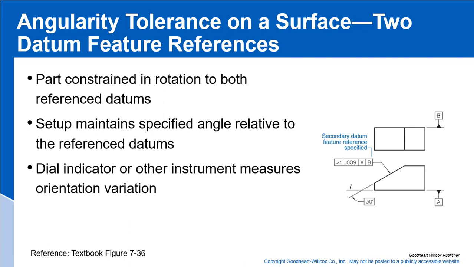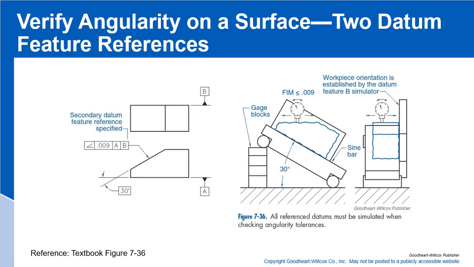Again, it's very similar to what we'd done before. We set the block up at 30 degrees with the sine plate and some gauge blocks, but we also have a second simulator here for datum feature B that we clamp up against the part. So we're further restraining our part to make this check.